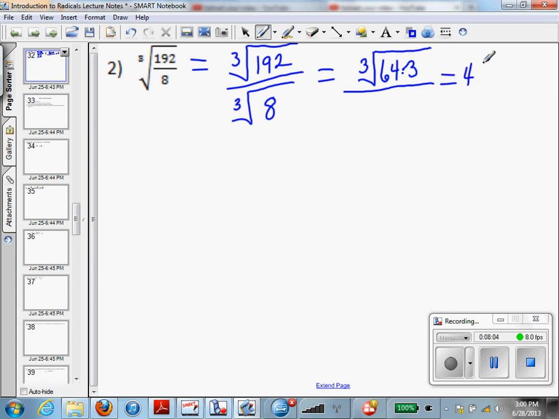So we can actually pull 4 out, and we're going to be left with the 3 inside. On the bottom, the cube root of 8 is 2. So we can just pull out a 2. And this can actually be simplified. 4 cube root of 3 over 2 can be simplified as 4 over 2 is just 2 cube root of 3.